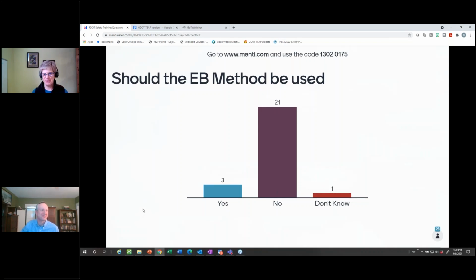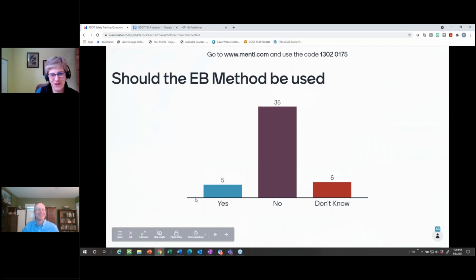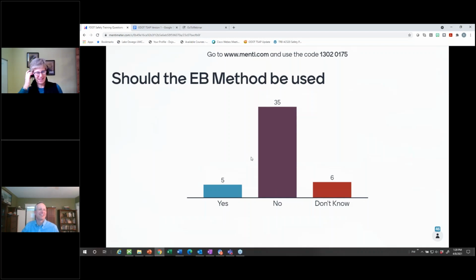It looks like most of you are interpreting it in the context that we set out: should we be using the EB for the predictive method in the alternatives investigation? And that answer is no. But for those of you that said yes, because it's part of the PSI, you're absolutely right.